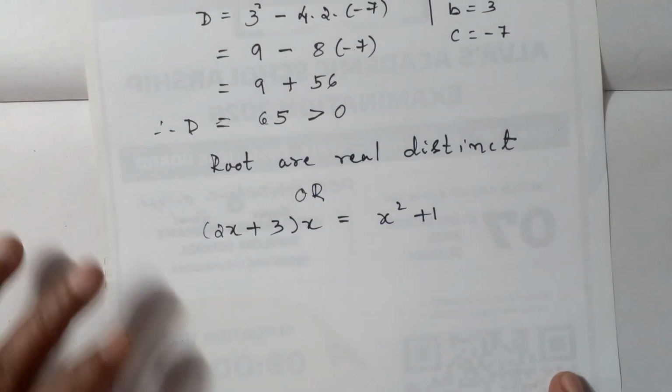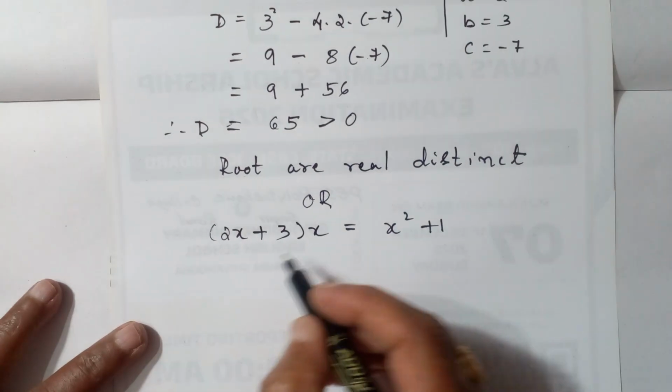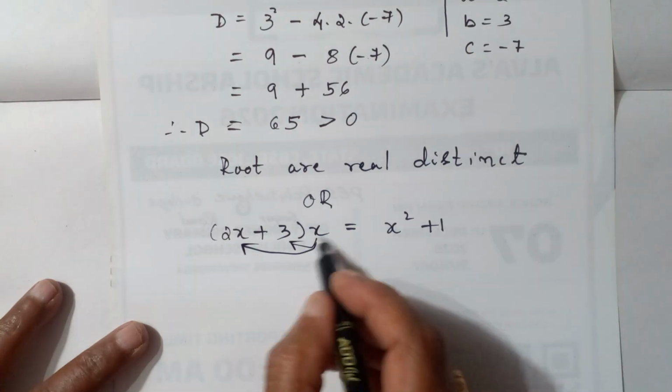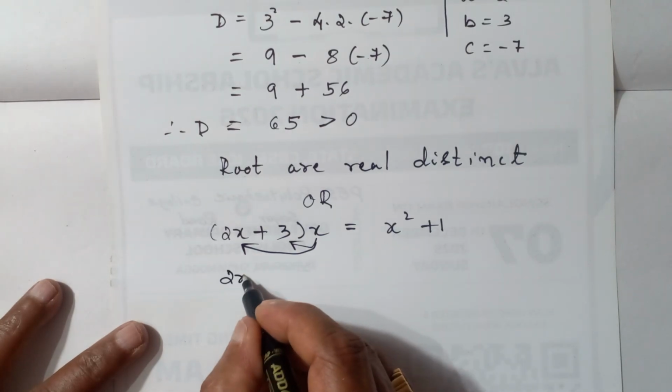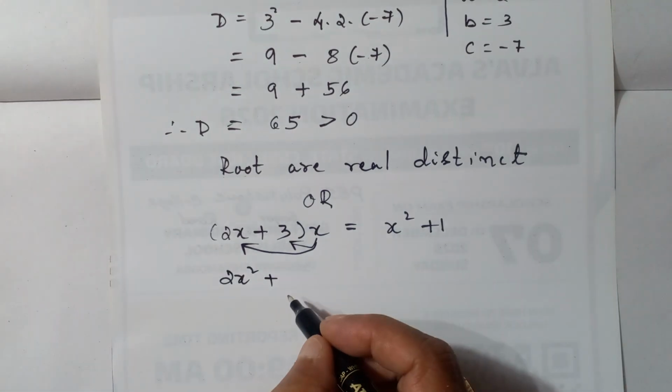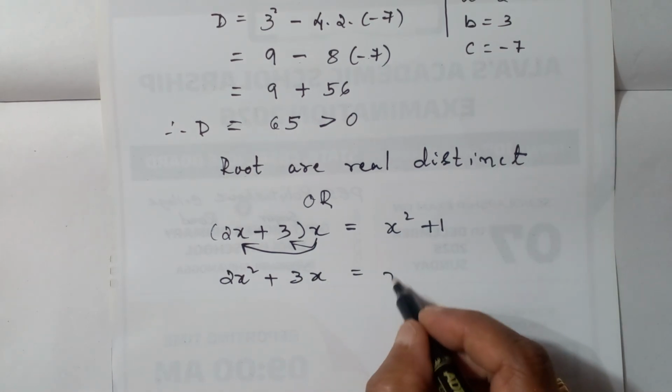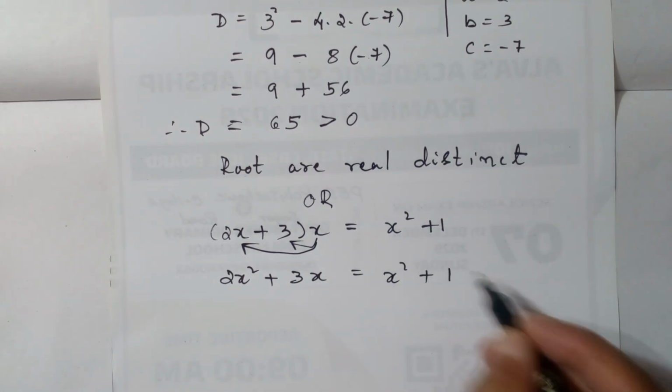Here you have to apply the distributive property, x into 3 and x into 2x. 2x into x, what are we getting? 2x square plus 3 into x, that becomes 3x, is equivalent to x square plus 1.